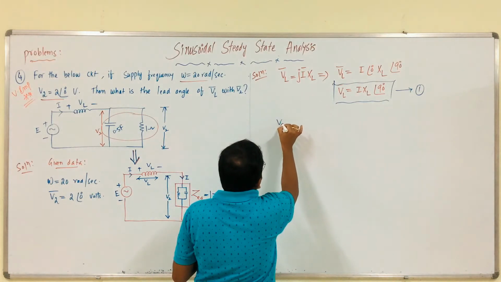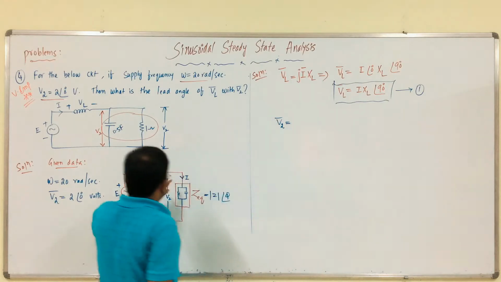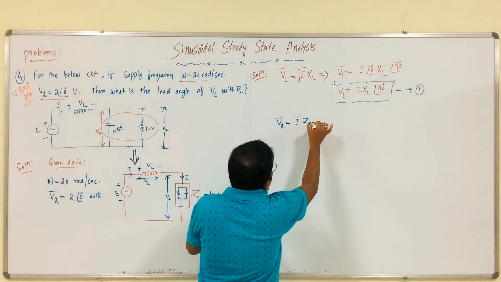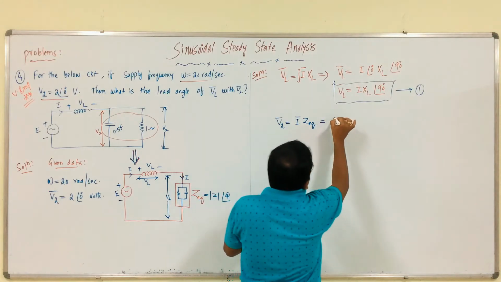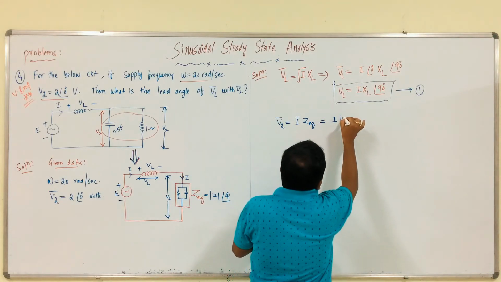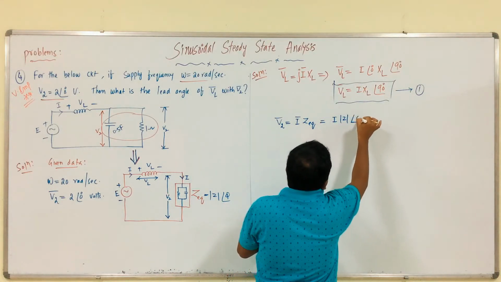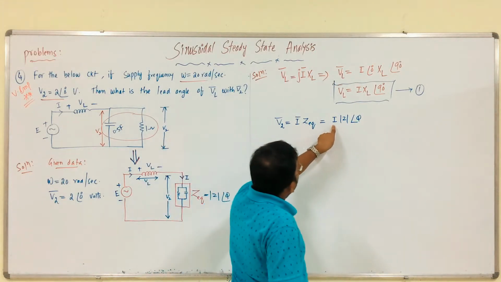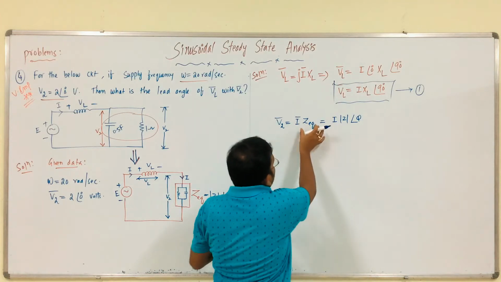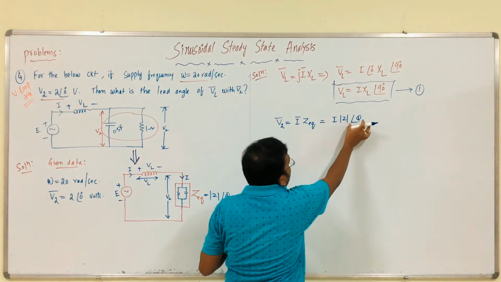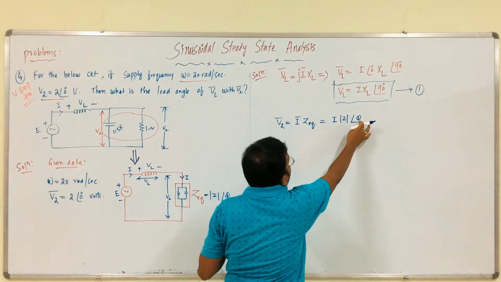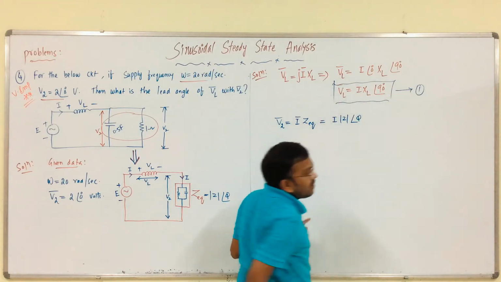We can write V2 is equal to the current through this, which is the same, I Z equivalent, that is I mod Z at an angle phi. So I at an angle 0, therefore this can be represented as mod Z at an angle phi. So V2 has some angle, VL has some angle. Clear?